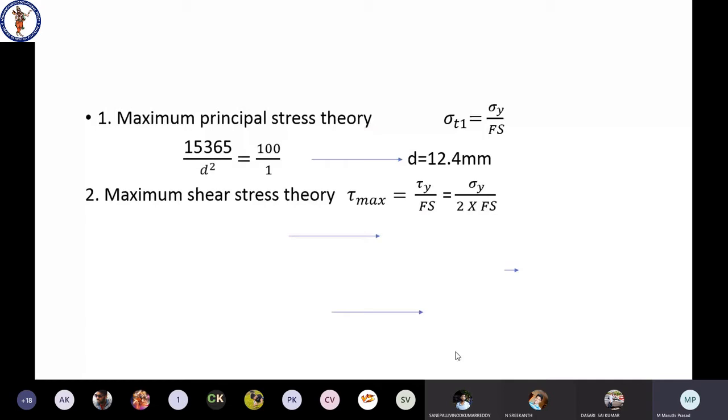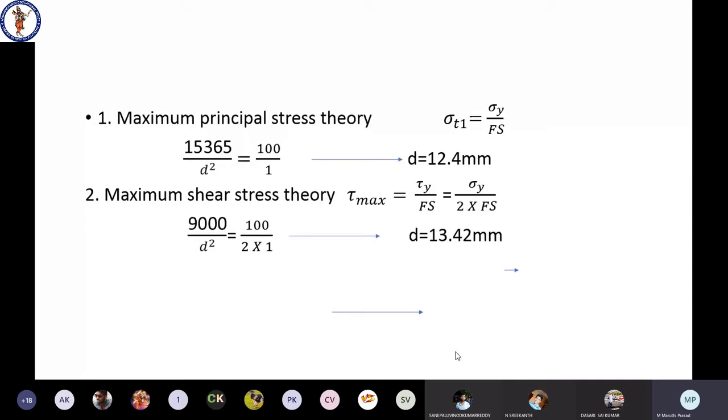As the tau y value is not given in the problem, we know the relationship tau y is equal to sigma y by 2. The strength in shear is 50% of the strength in yield. So by substituting that, tau max is equal to sigma y by 2 into factor of safety. Tau max is already known: 9000 by d square is equal to sigma y by 2 Fs.